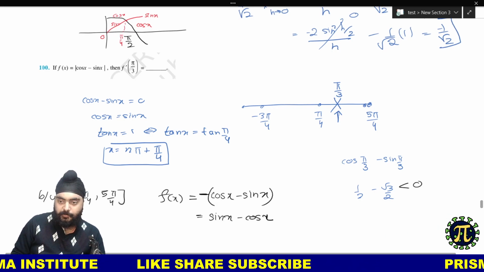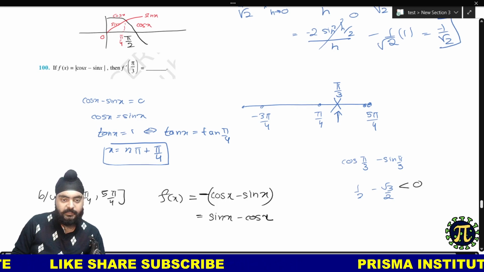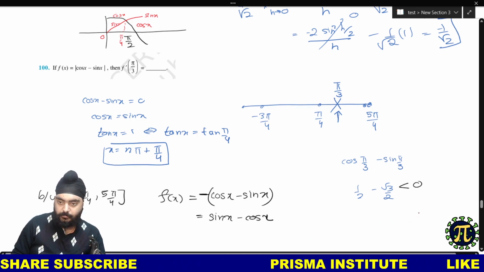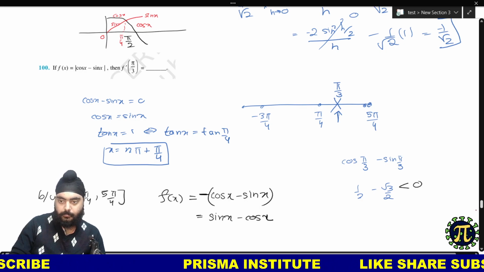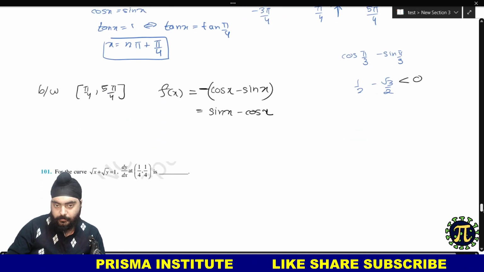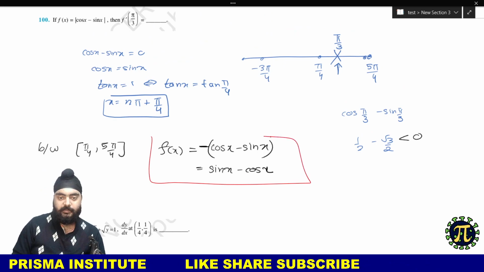So if we have concluded this, then we know the value of the function in the local area, so we can just find the derivative of this. So let's do that. If in my region f x is this, then what will be f dash x?